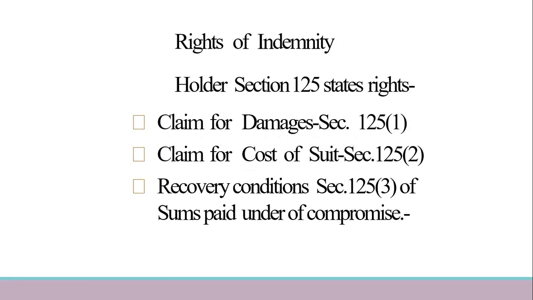If the indemnified has paid costs in any case, whether he filed the case or someone has filed a case against him, he can recover such costs, but the main condition is he should not have contravened the orders of the indemnifier. It should be proper and correct. Then only he can recover the costs that he has incurred for the suit.